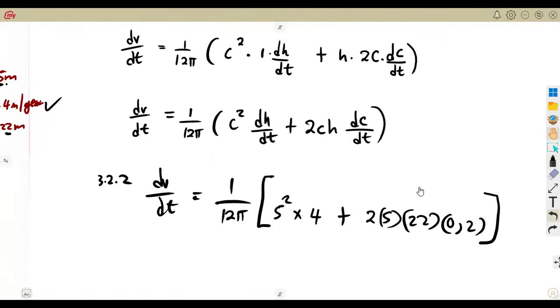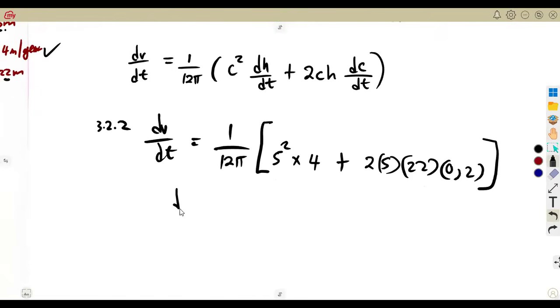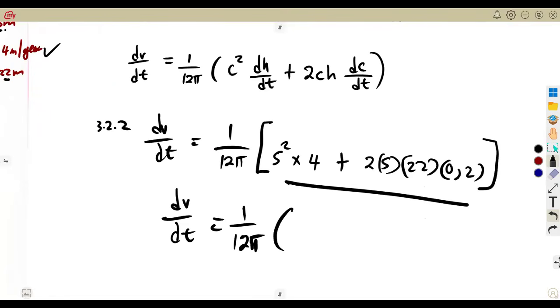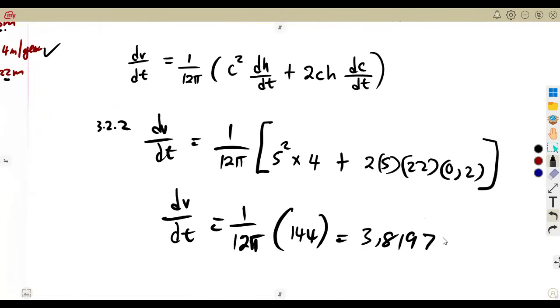So that was going to give us the rate, which is our dv dt. So try to simplify this. It was going to be 1 over 12 pi into, simplify the inner part of your bracket, that was going to give you 144. Multiplying this on our calculator, that was going to be 3,819.718, something like that, which rounds to 3,820.